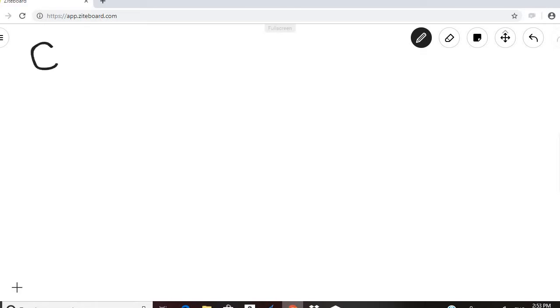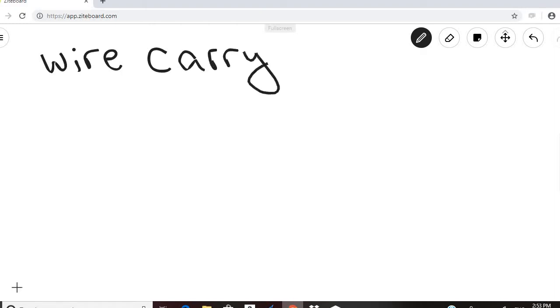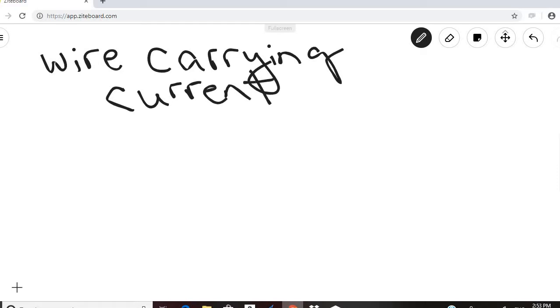So if we have a wire that is carrying current, we just said that a wire carrying current will create a magnetic field. How can we tell the direction of that magnetic field? When current flows through a conductor, a magnetic field is generated.